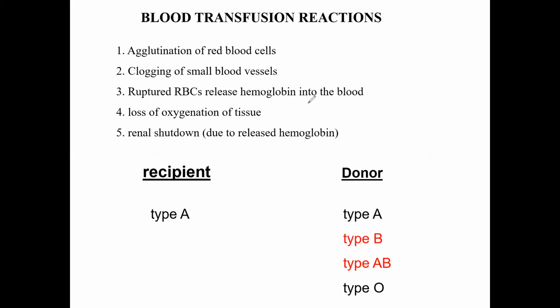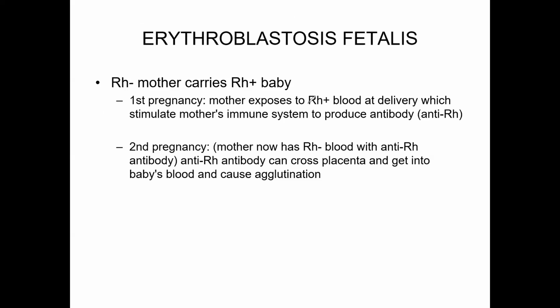Now I'm going to introduce another antigen, which is called Rh antigen. This is just like the A antigen or B antigen. It's just another one on the surface of the RBC. Let me do the drawing here.